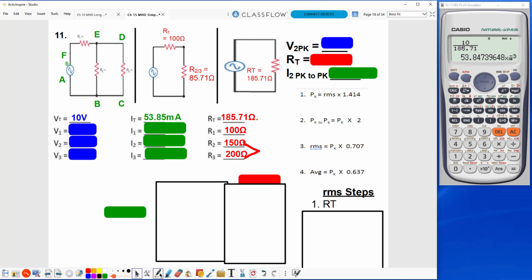Now this is where the current drawing that I showed you comes in. As I discussed, the current is going to remain the same from A to B, but once it gets to point B, it can split.